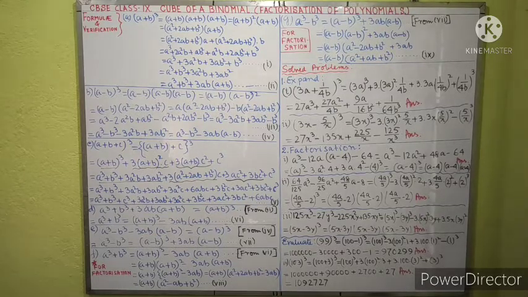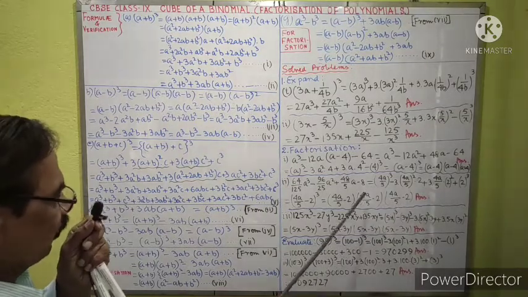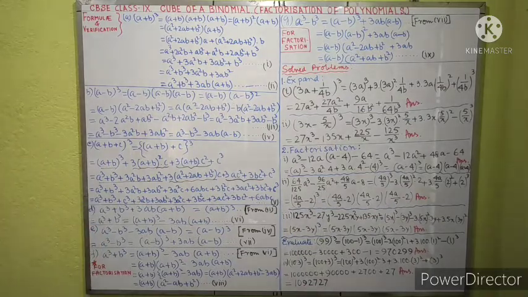This is a cube minus 3a square b plus 3ab square minus b cube. If we calculate this, it comes this way: (4a by 5 minus 2) whole cube, that is (4a by 5 minus 2) into (4a by 5 minus 2) into (4a by 5 minus 2). 3 factors are written.